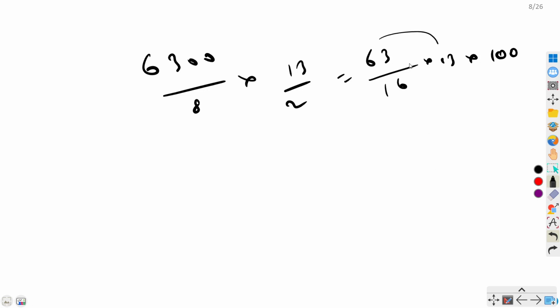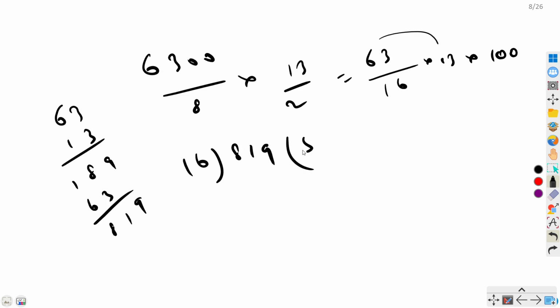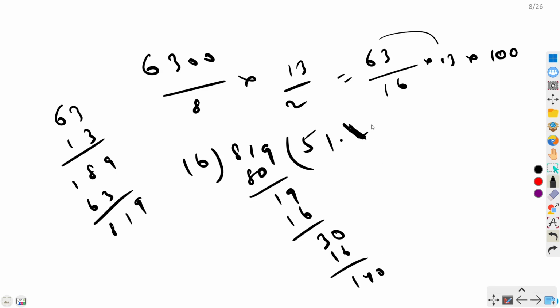Can we solve this easily? 63 into 13 would be 819. Now divide by 16, and we get 51.1875.